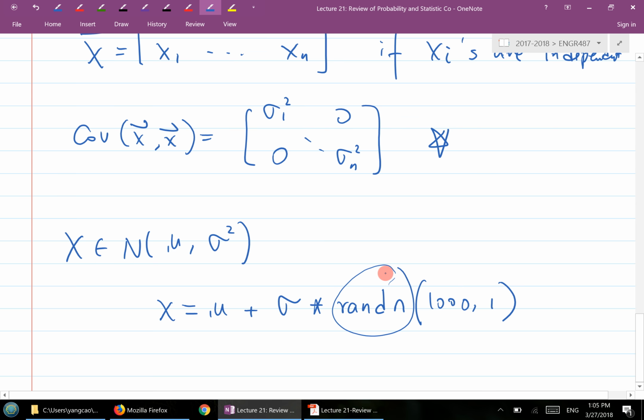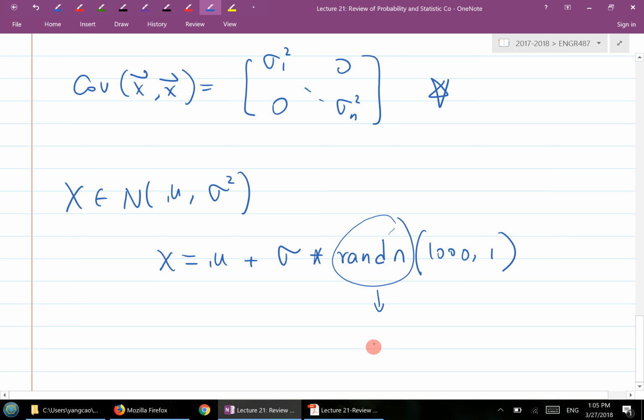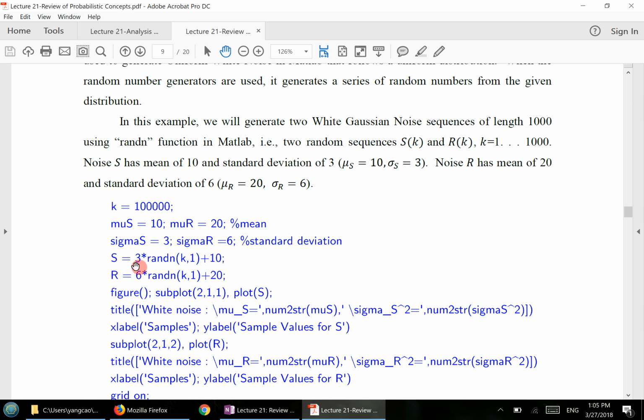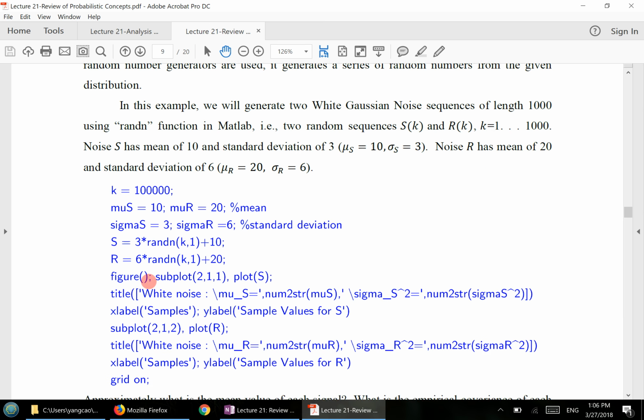This function generates zero mean, unit variance Gaussian noise. That's how I generate S and R in the simulation, with standard deviation 6 for R. Then we can plot it.